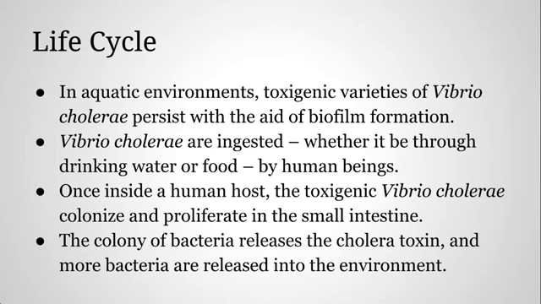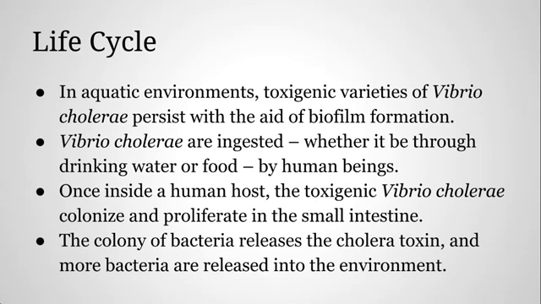So, Vibrio cholerae bacteria live in aquatic environments where their populations persist with the aid of biofilm formation. Biofilm is a slime which develops when free-floating microorganisms, which would be in this case the Vibrio cholerae bacteria, attach themselves to a surface, which for the Vibrio cholerae would be zooplankton, phytoplankton, exoskeletons, insect eggs, that sort of thing.